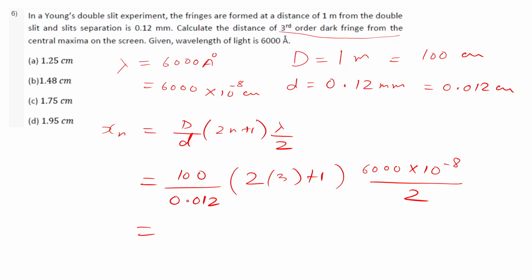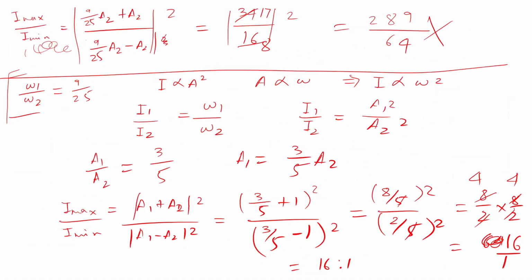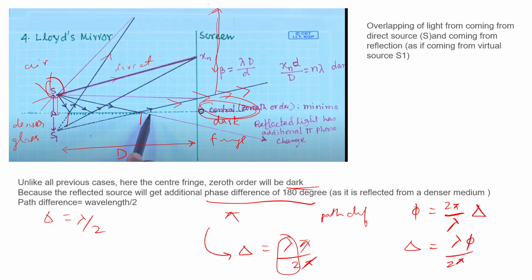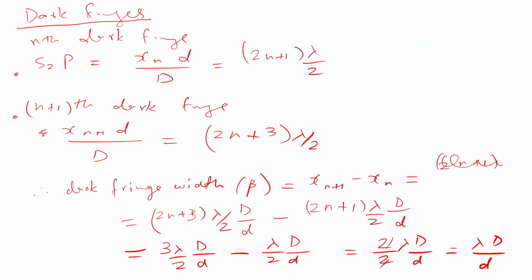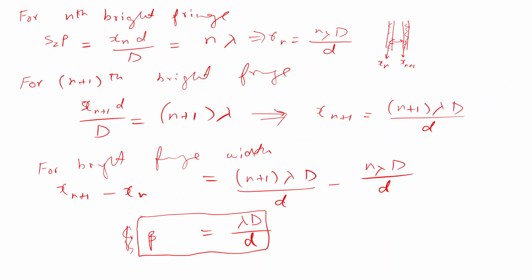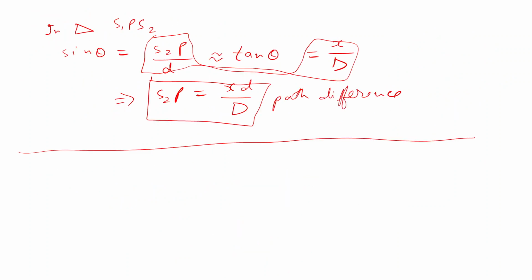We had seen the position, I'll show you, we had derived this in the beginning. This was the relation. So the position is path difference multiplied by capital D divided by small d.